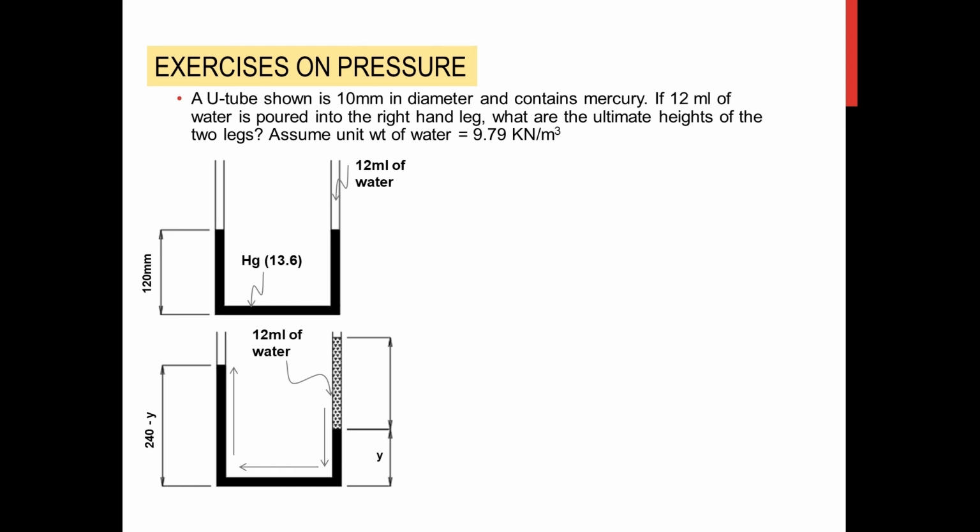Because as you can see here on the upper figure, if your mercury will be fully pushed on the left side, that 120 will just be doubled. Okay, so 120 plus 120, that is 240. So because there will be a variable y there, that y will be deducted from 240. So therefore, that is 240 minus y.